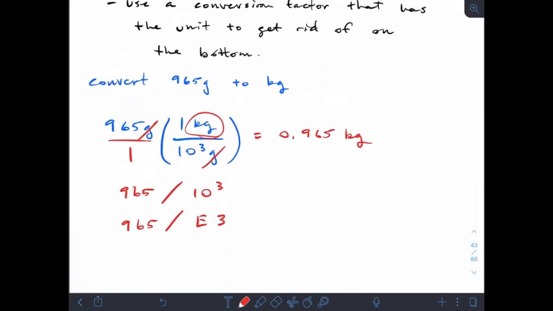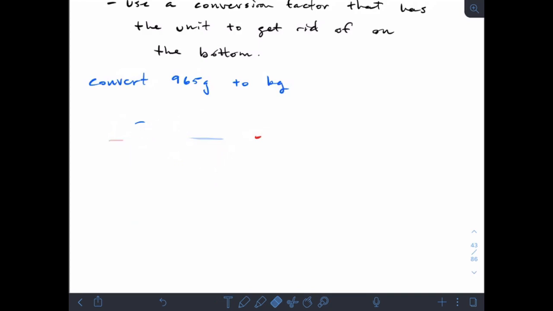Since I'm running out of room here, I'm going to erase this part so that I can do another example. In our next example, let's convert 6.2 feet to inches.